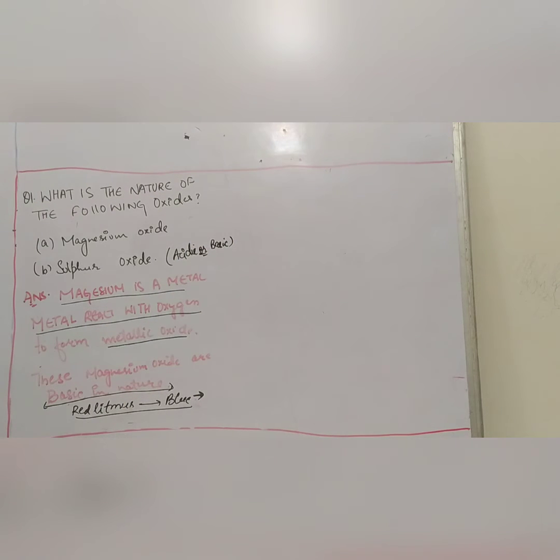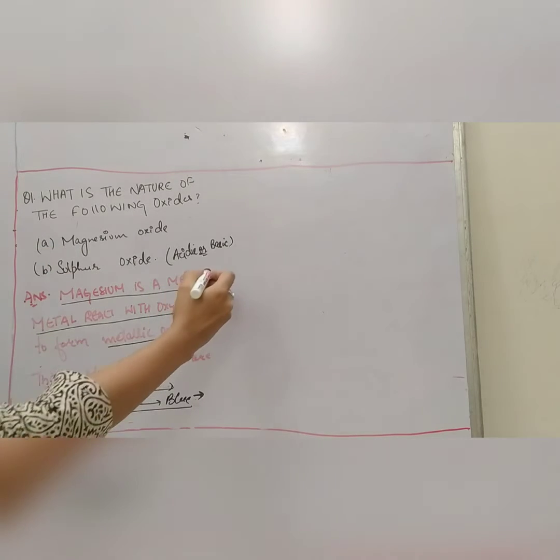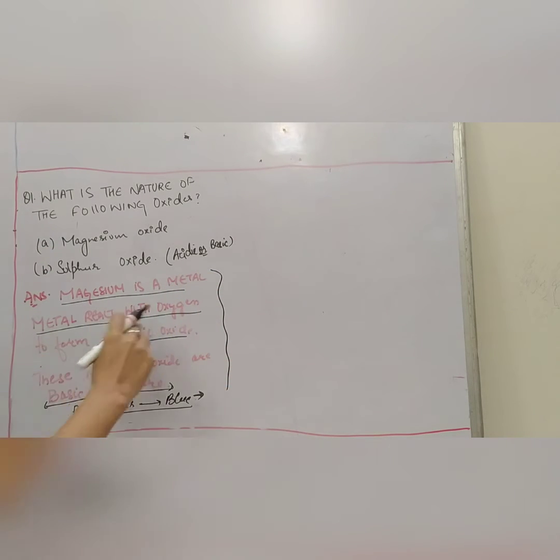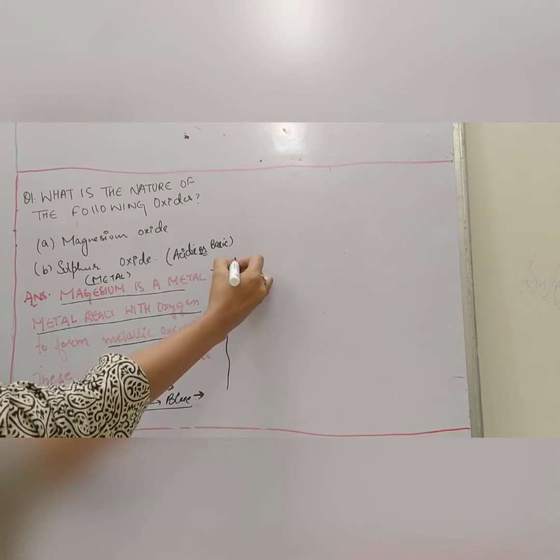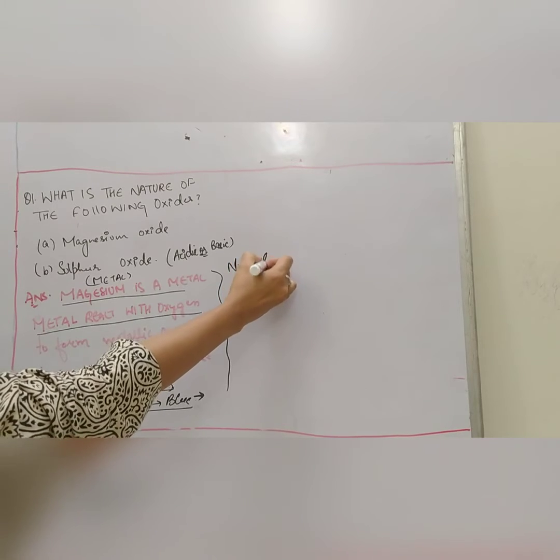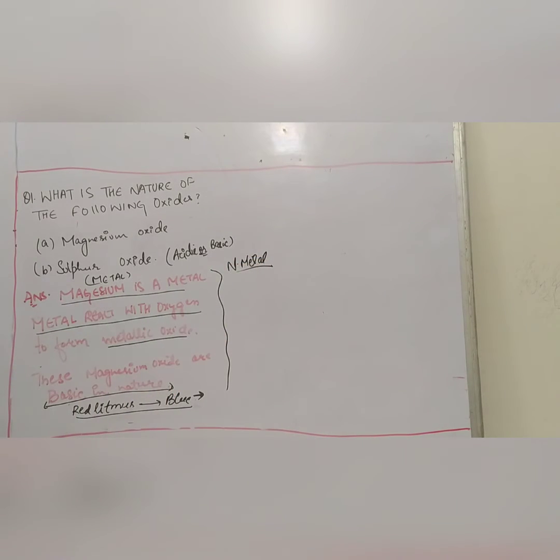Right, so kids, we know that non-metallic oxides react with water to form acids. Or we can say that when non-metal reacts with oxygen, it forms non-metallic oxide. Here we were talking about the metal. Now we'll talk about the non-metal.